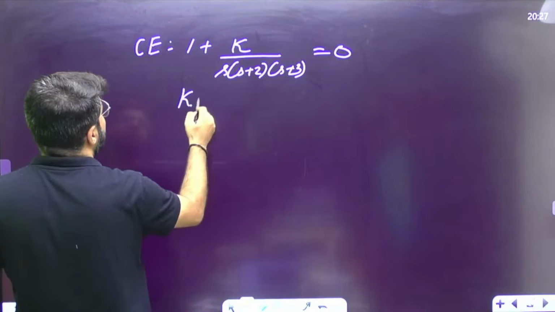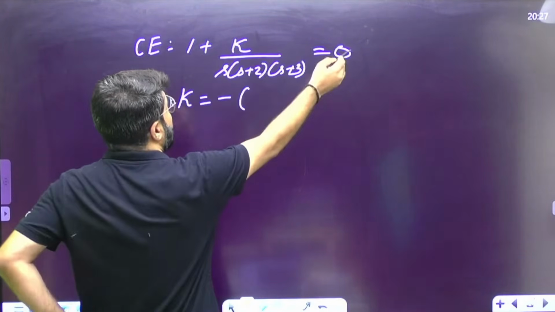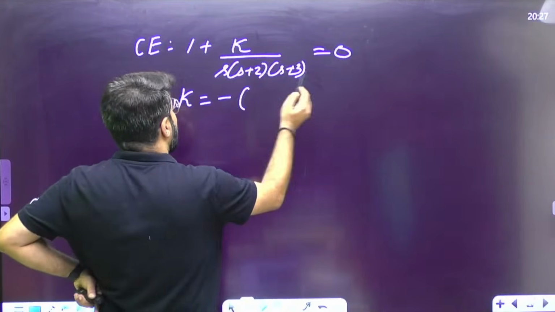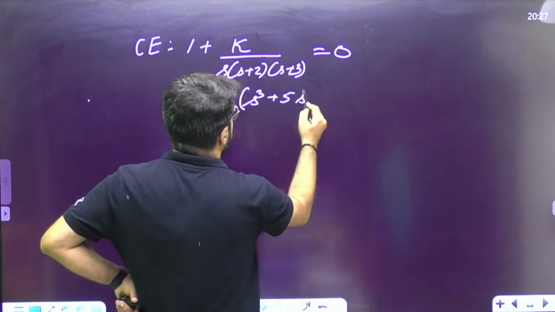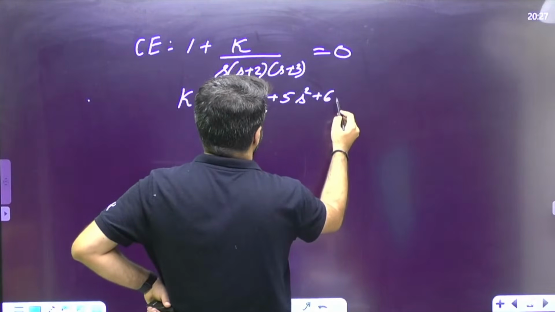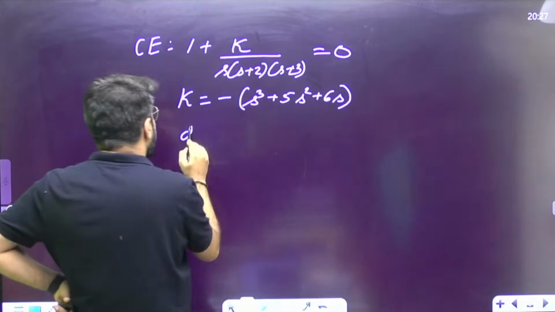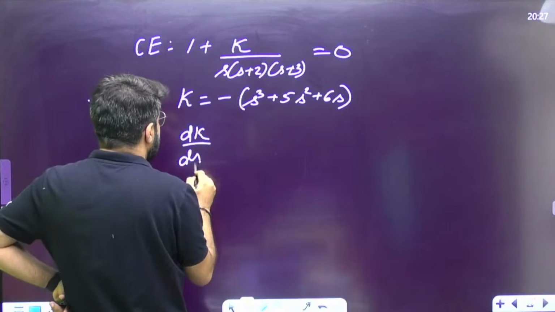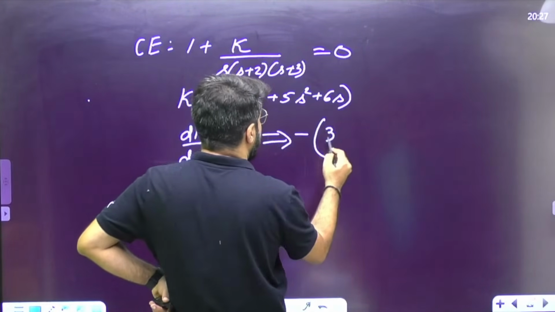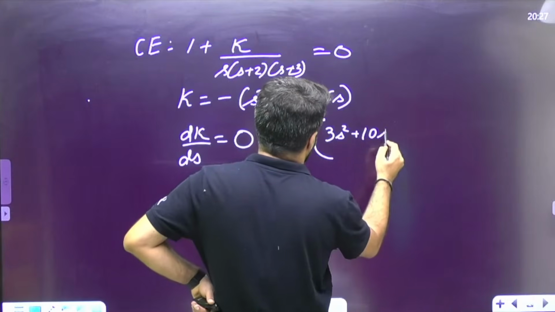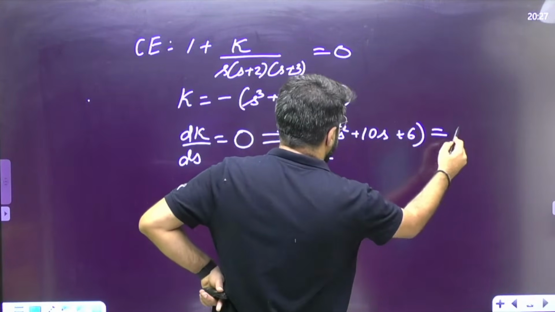So k will be minus of this term. If I multiply it out, it becomes s cube plus 5s square plus 6s. Now I will solve dk by ds equal to 0. When I differentiate, I get 3s square plus 10s plus 6 equal to 0.